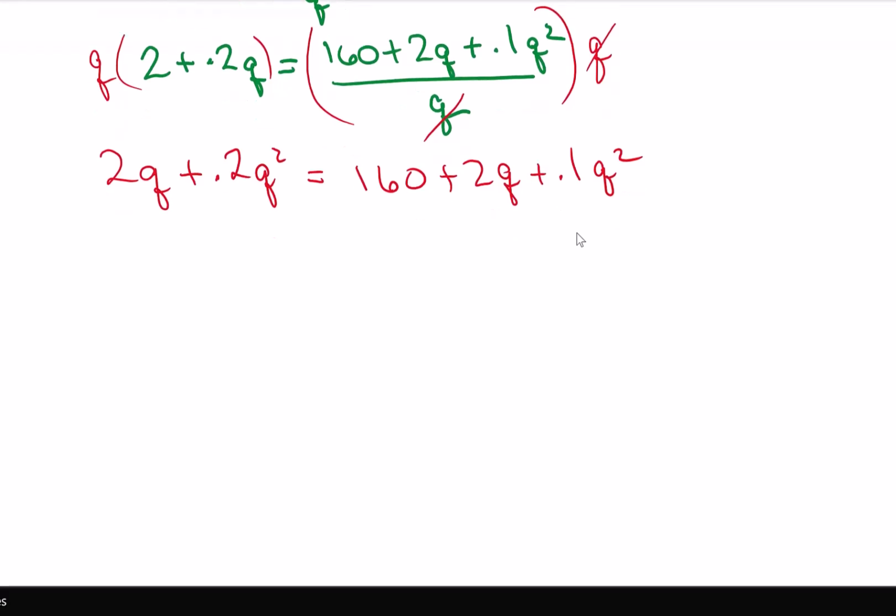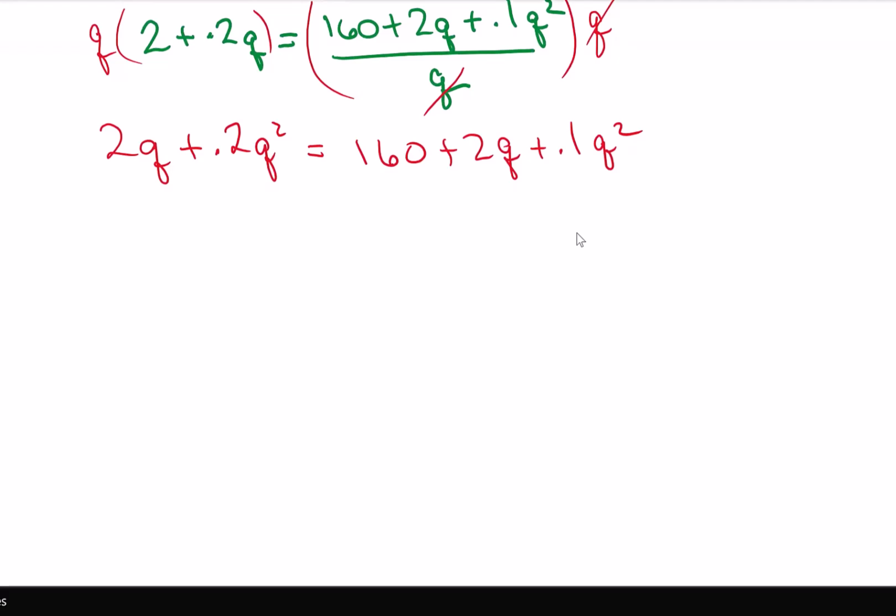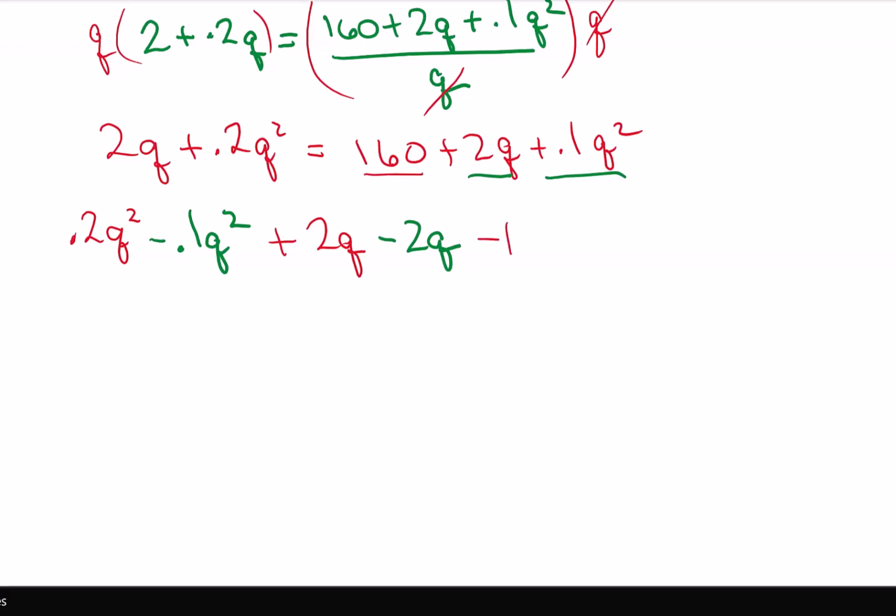So we're going to get everything over to the left, which means I have 0.2 Q squared. Next, I'm going to subtract 0.1 Q squared, plus 2Q, minus 2Q, and the last thing I have to do is subtract 160.